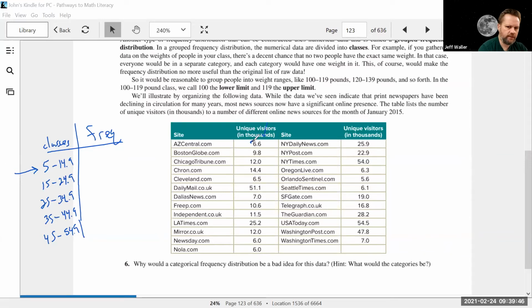So let's see. 1, 2, 3, 4, 5, 6, 7, 8, 9, 10, 11, 12, 13, 14, 15. Does everybody see what I just did? There's 15 times that a data point showed up in between those numbers.